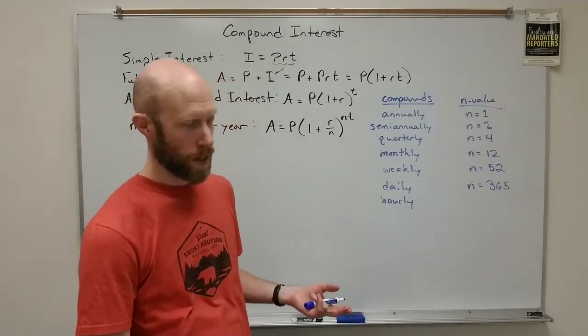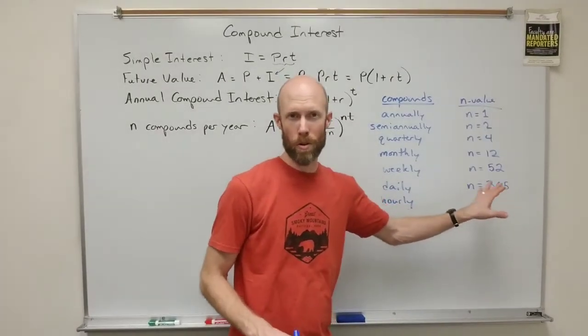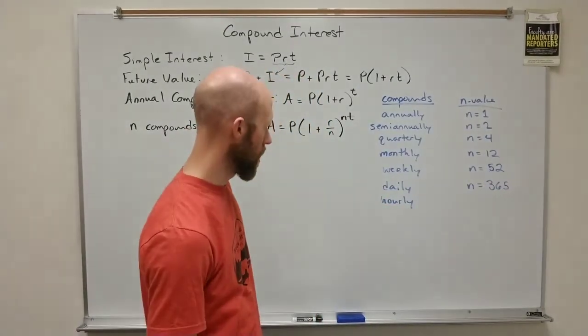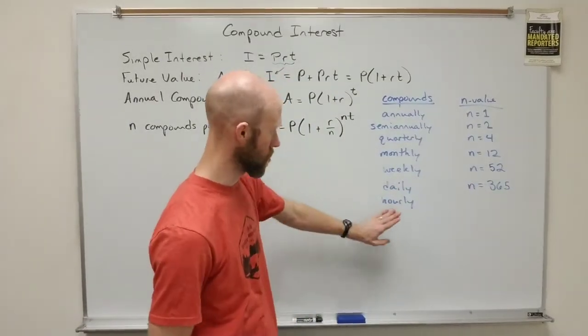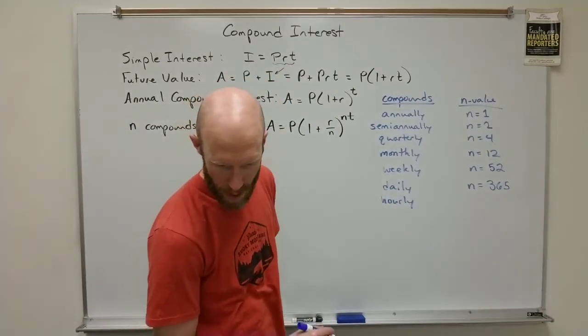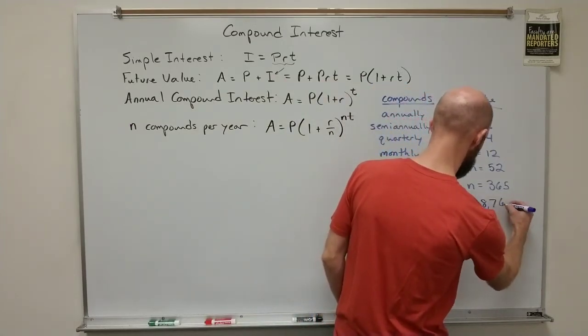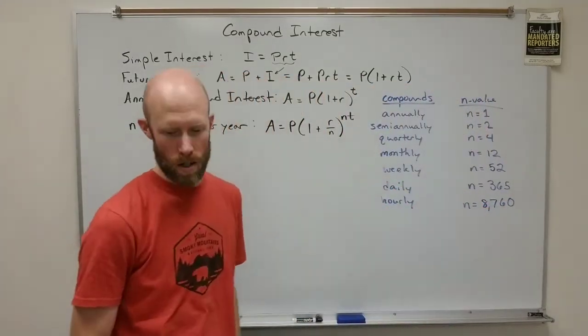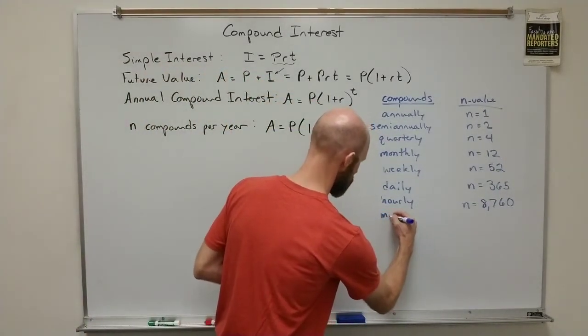Now, technically, the number of days is 365 and around a quarter, but I'm not going to deal with the little decimals and stuff. We're just going to stick to whole numbers here. So hourly, there's about 8,760 hours in a year. And if I wanted to go minutely, of course, you can see where this is going.